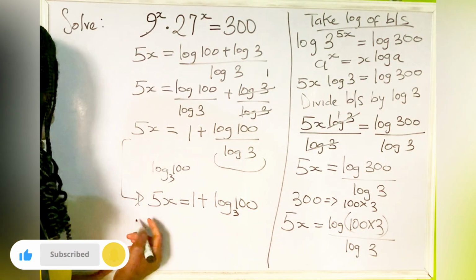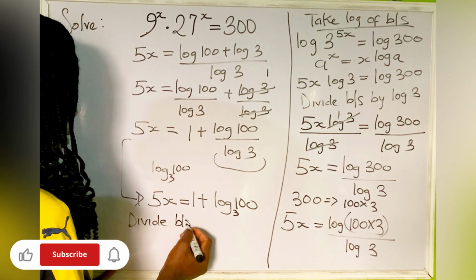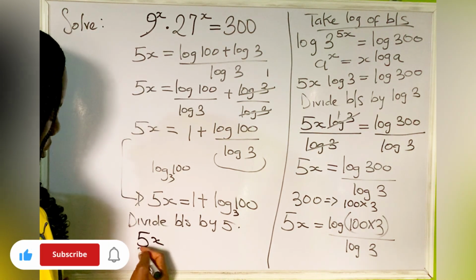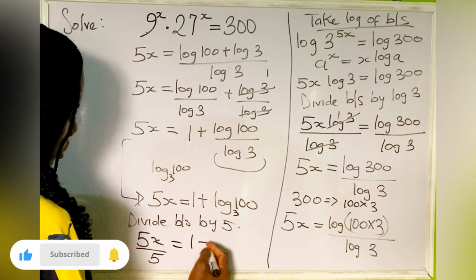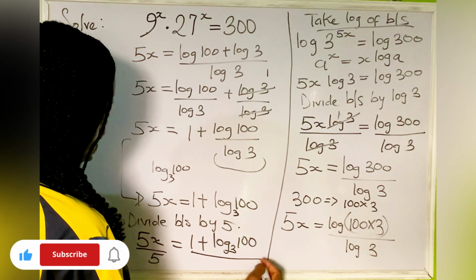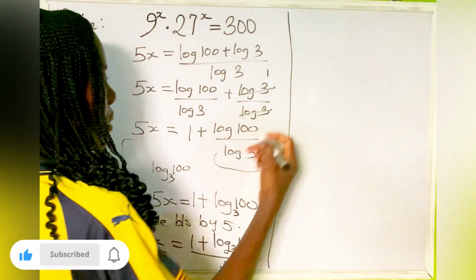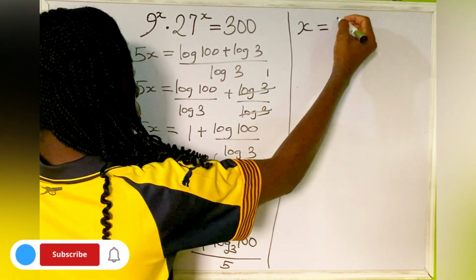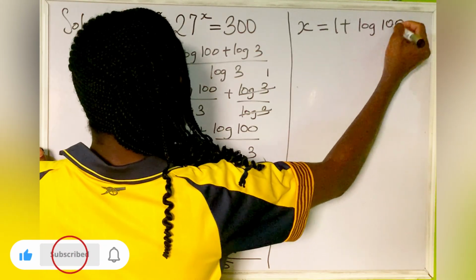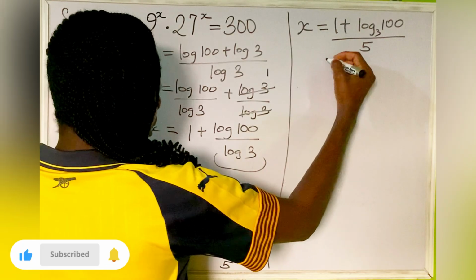We are looking for the value of x. So to find the value of x, you divide both sides by 5. 5 can cancel 5. x is now 1 plus log 100 base 3 all over 5. So this is the value of our x.